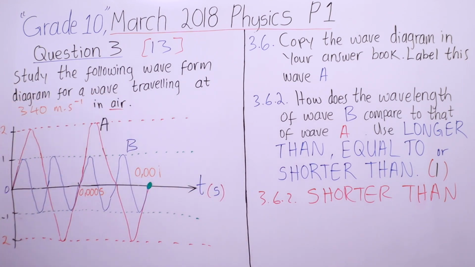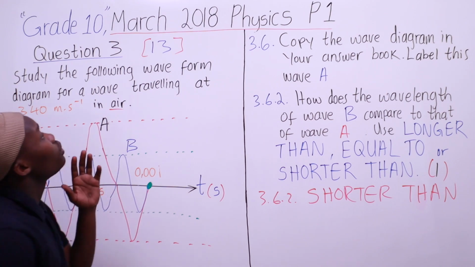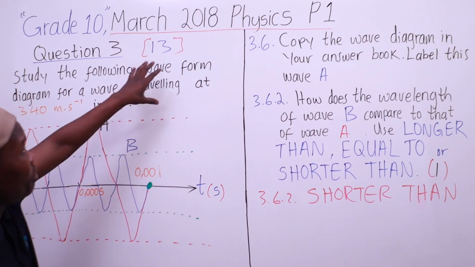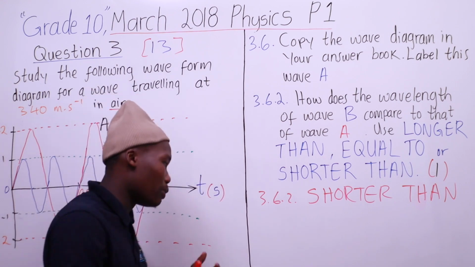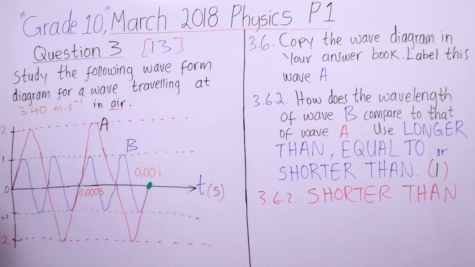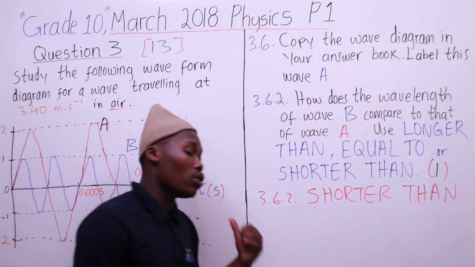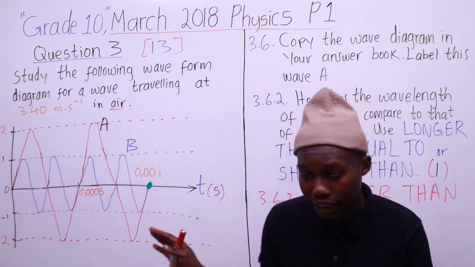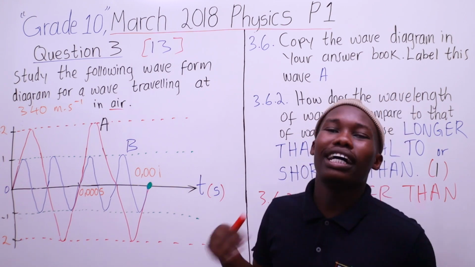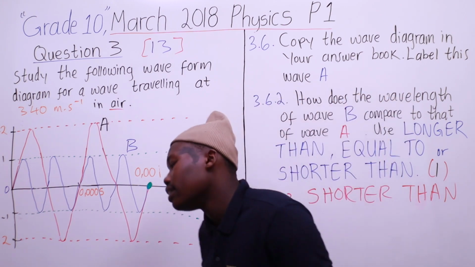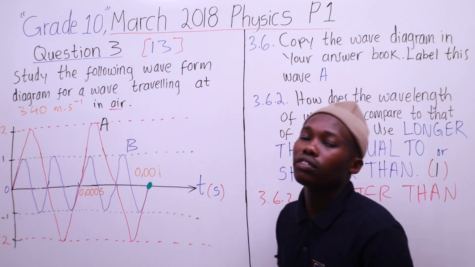Yabo? So this is the last question kwini ku question 3 under the paper of March 2018 physics paper 1. So we've done 13 questions, 13 marks njalo for lo mbuzo lo question 3. So if ukhona i-part ongayi-understandanga uyazi, there's always an opportunity for you to ask.